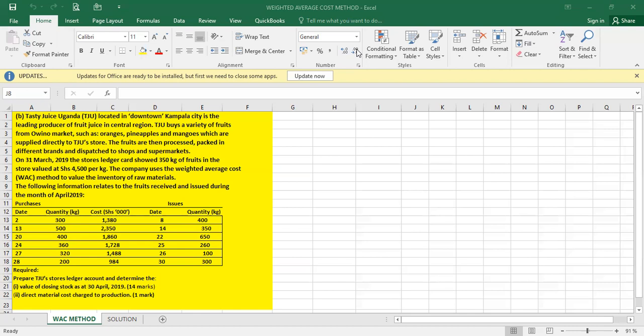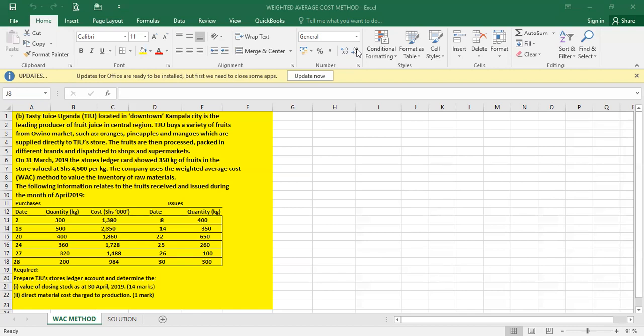On 31st March 2019, the store ledger card showed 350 kilograms of fruits in the store, valued at shillings 4,500 per kilogram.